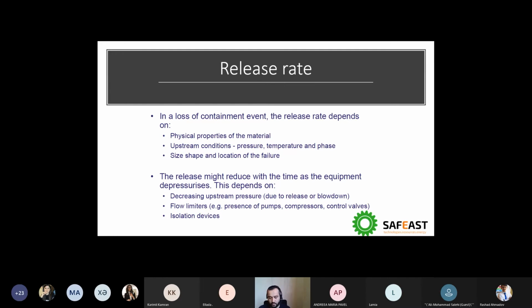So you can have, I don't know, a compressor or pump upstream. You can shut down this equipment, or you can use isolation and sectionalization. You may have a huge inventory throughout your site, but you can use sectionalization. You can isolate the vessels with the valves, so basically limit the inventory so that naturally your release rate will decrease.